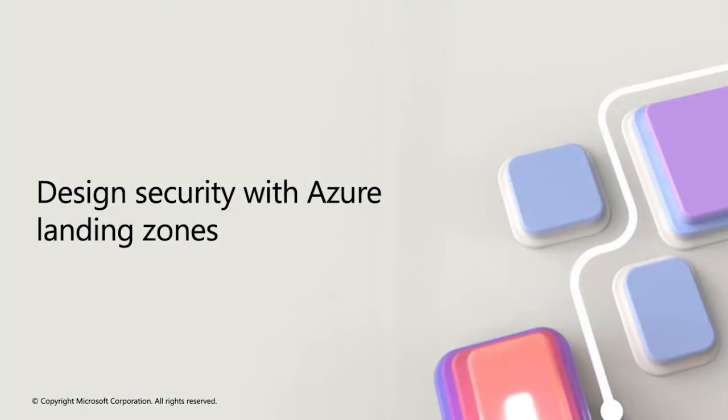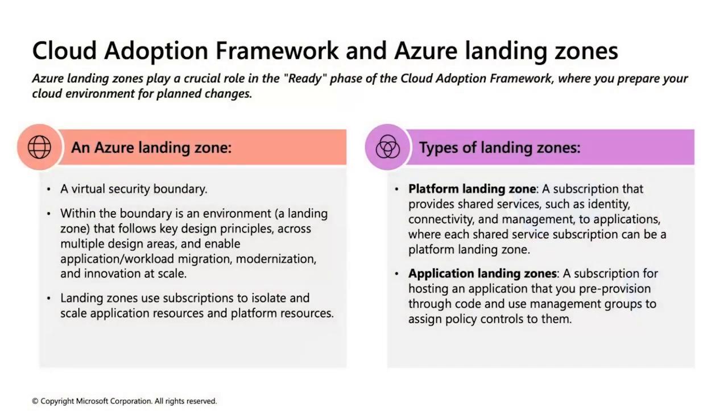What comes in this Azure landing zone concept? Let's see. Basically, Azure landing zone is a kind of virtual security boundary. This boundary is based on subscription. Landing zones use subscriptions to isolate and scale application resources and platform resources. There are two types of landing zone we can create: the platform landing zone and the application landing zone.